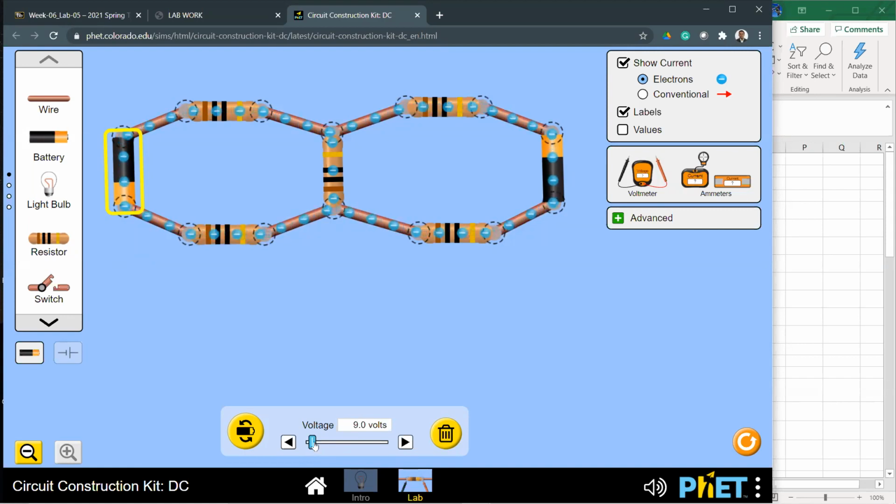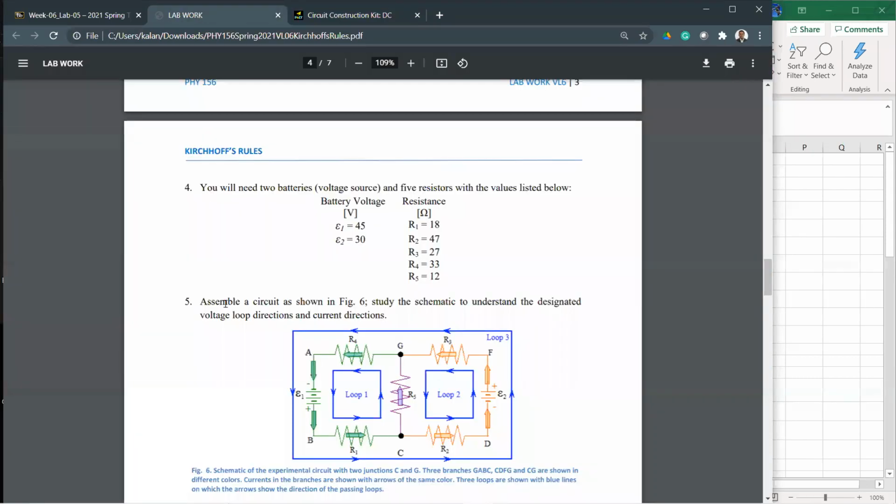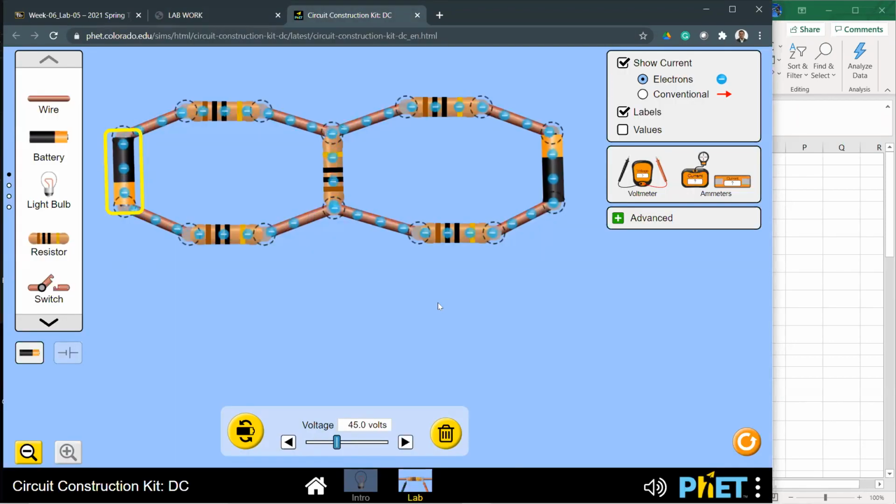You can change the number to 45, and that is E1. E2 is 30, the far right side battery, right? So that should be 30.